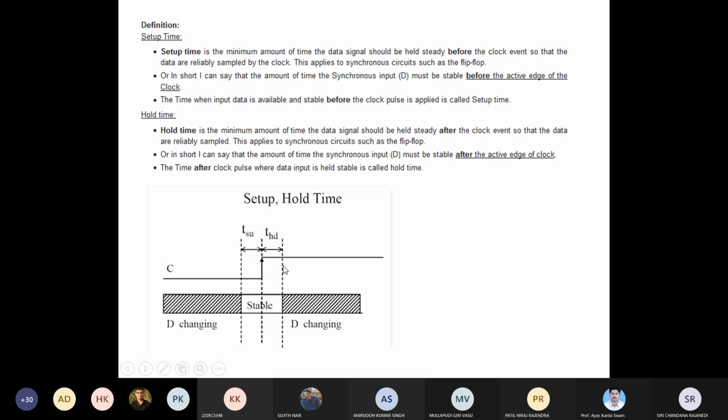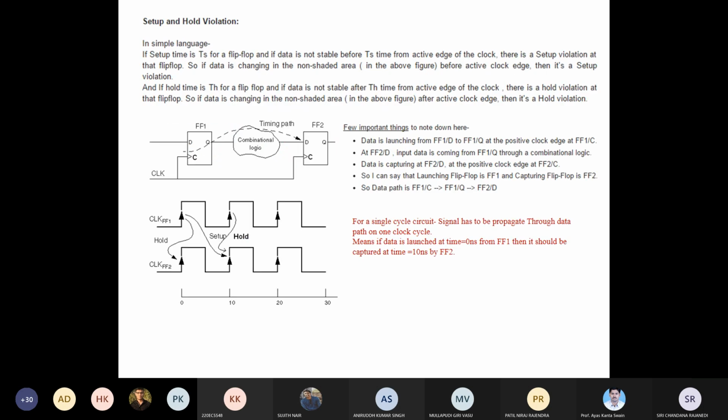If your input data is coming and is not maintained with proper timing, and you are changing or overriding this old data, then that is called a hold violation. So if setup is not met, it is a setup violation. If hold is not met, it is a hold violation.